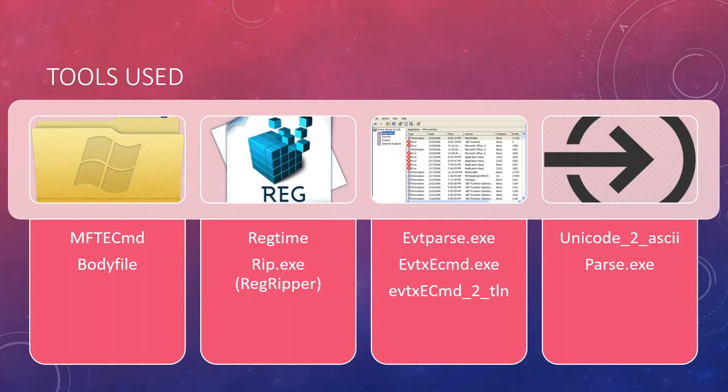The next tool I'll be using, two of them, to go through the event logs is evtparse, once again by Harlan Carvey, to go through the EVTX format for event logs, and then EvtxECmd by Eric Zimmerman. This one will parse out the EVTX files.